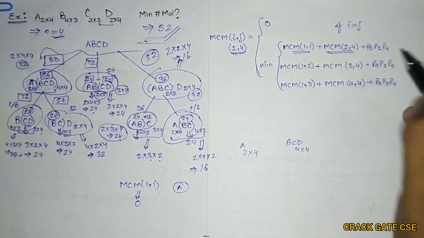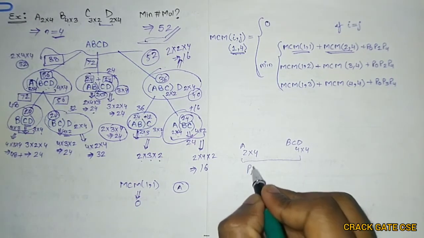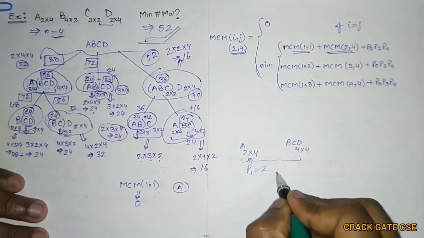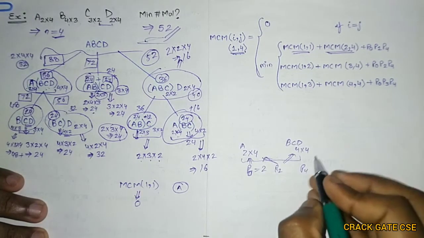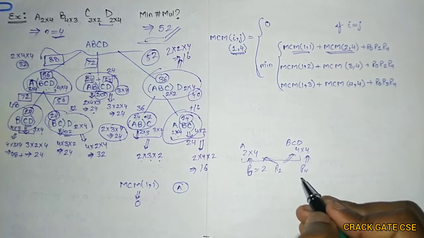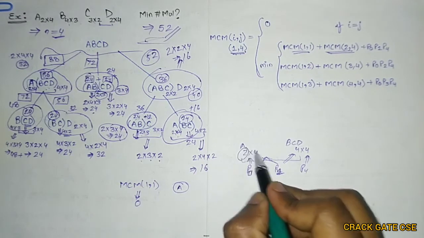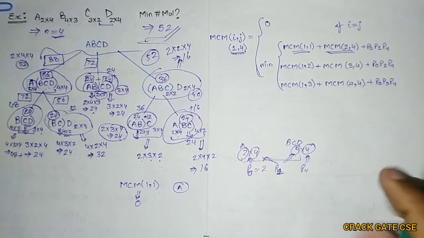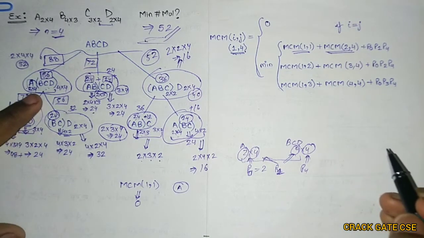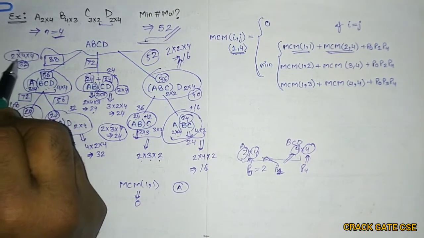Now this is P0, this is P1, this is P4. So if you multiply them together, what we were writing here is 2 into 4 into 4.